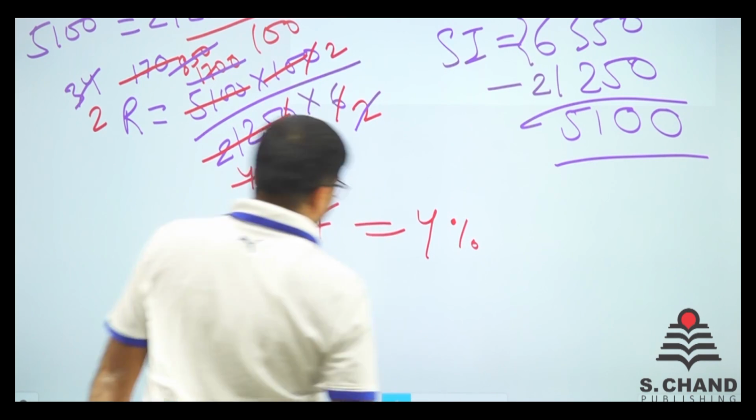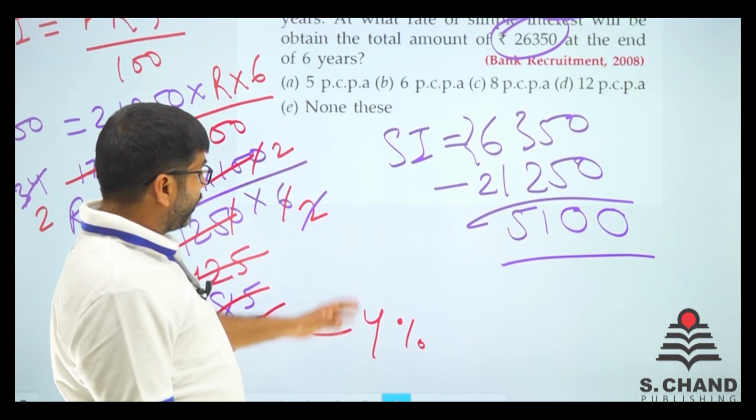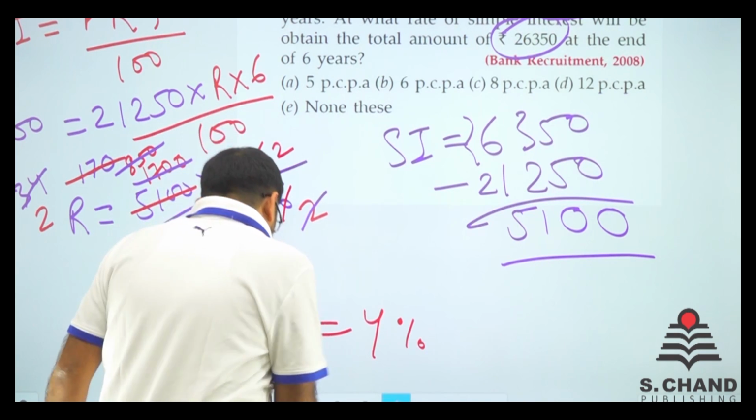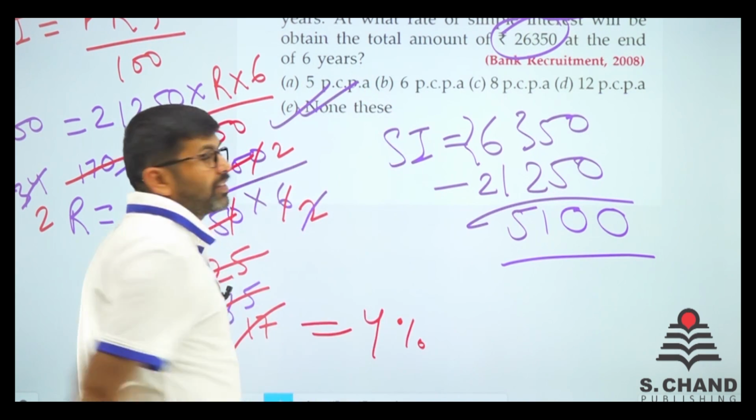Is there any option like this or near to this? We have got 4%, but we don't have 4% per annum in the options, so the final answer is none of these.